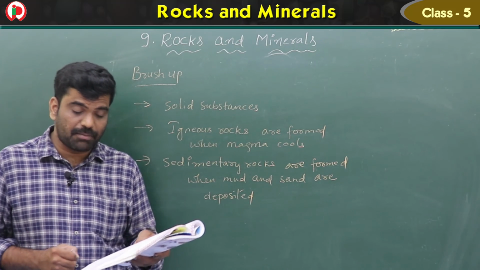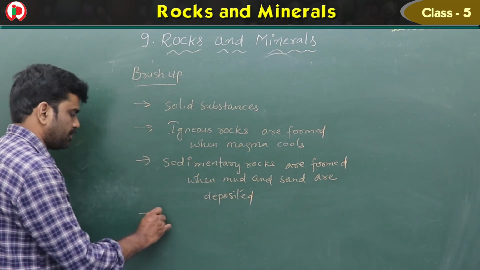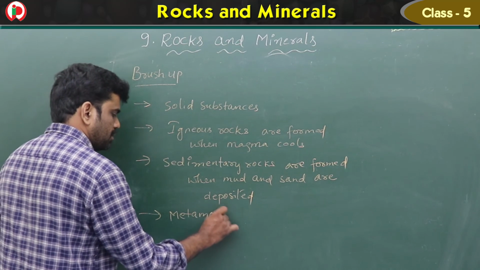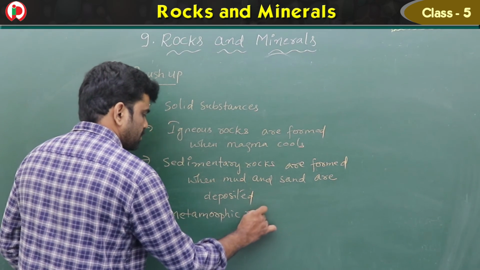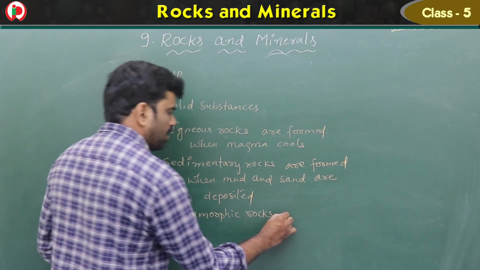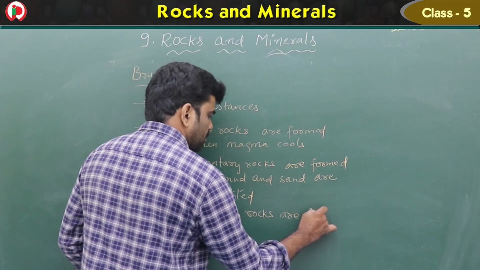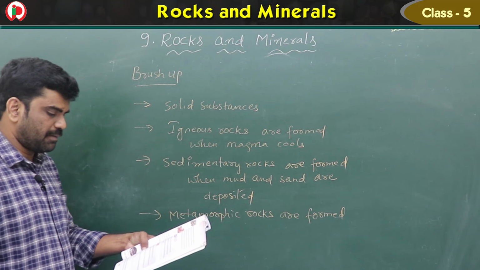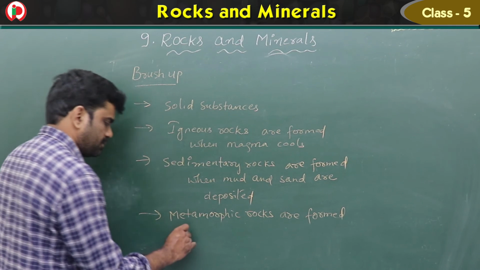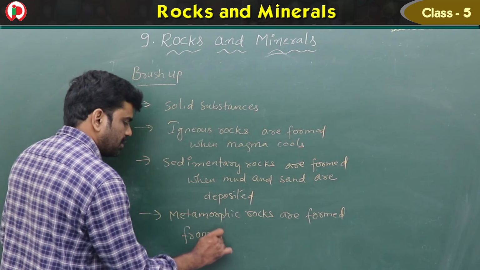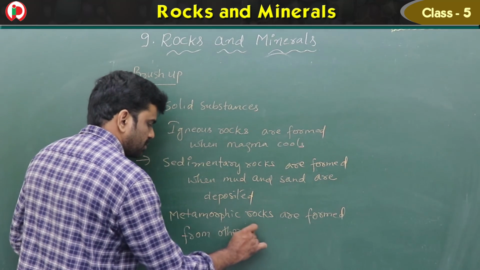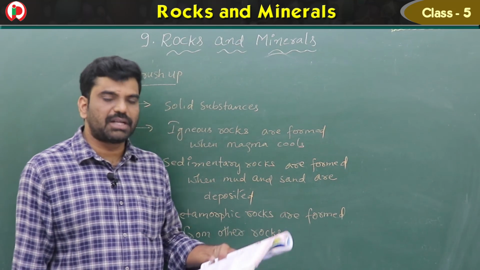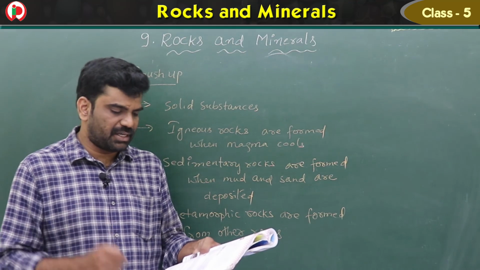The third one is metamorphic rocks. Metamorphic rocks are formed, children, from other rocks that are changed because of heat or pressure.